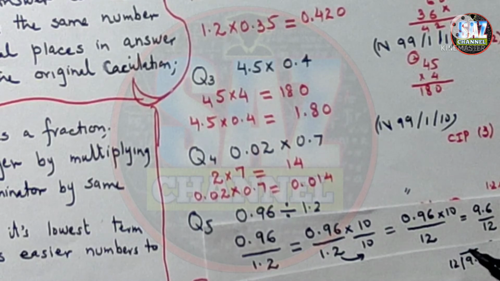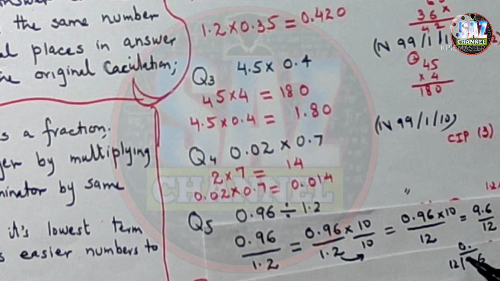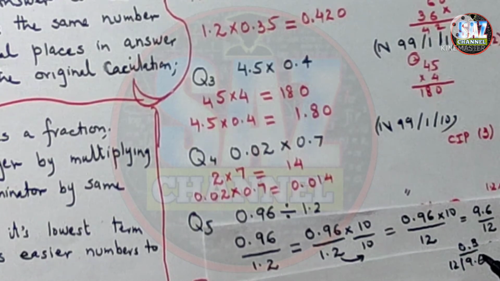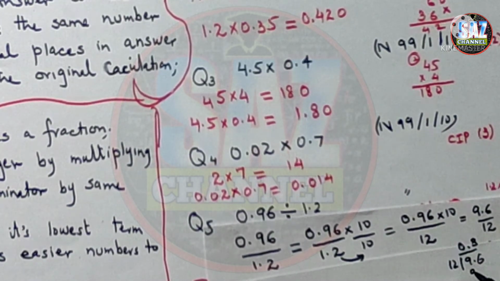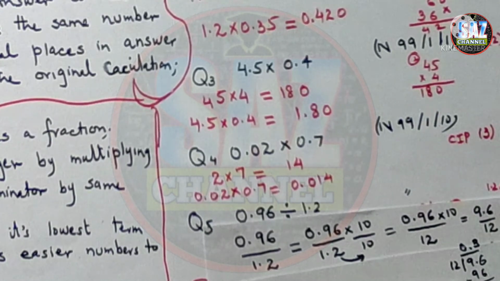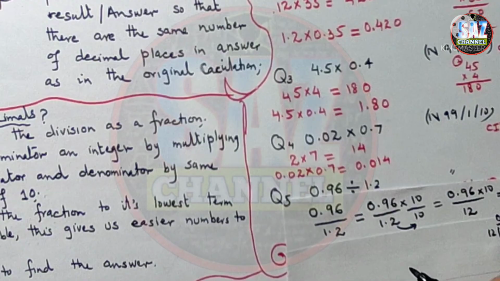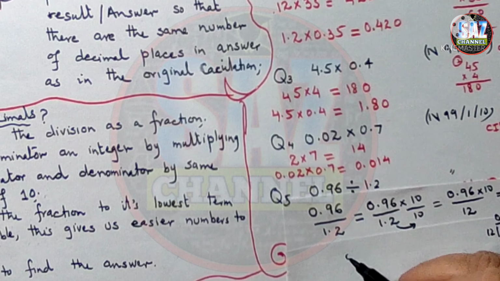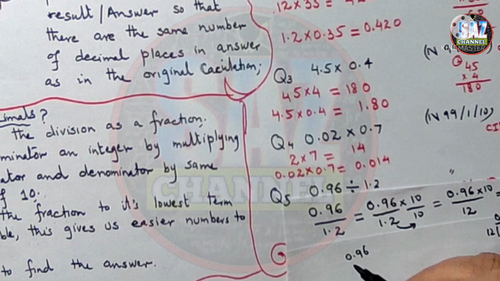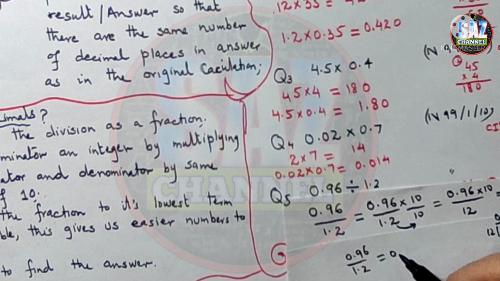We cannot divide it. So we are going to put the decimal here. And now we can ignore this decimal, and the number becomes 96. And 12, how many times? 12 8s are 96. Okay. And 96 and 0. So the answer for 0.96 divided by 1.2 is 0.8.